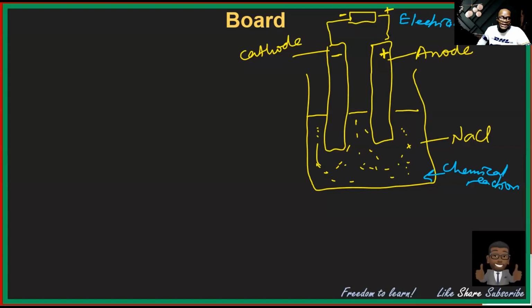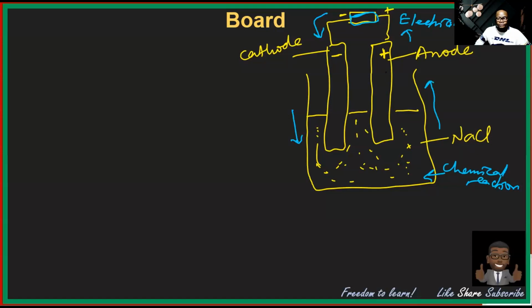So now we have connected our terminal to the battery, to the source of what? Electricity. So we would expect that electric current will flow. Now this is the direction of flow of electric current. It flows like this. Can you see? It goes that way. Okay? Just take it that way. It goes that way. Back.